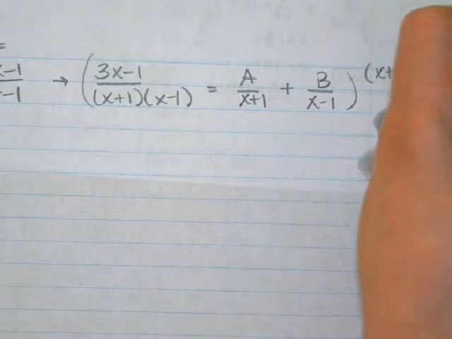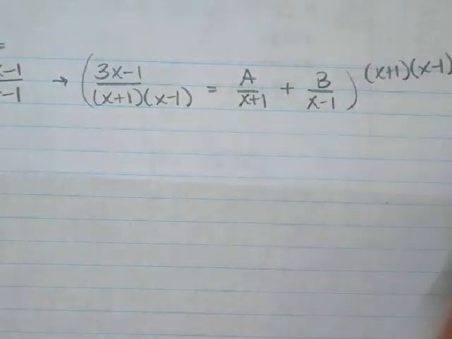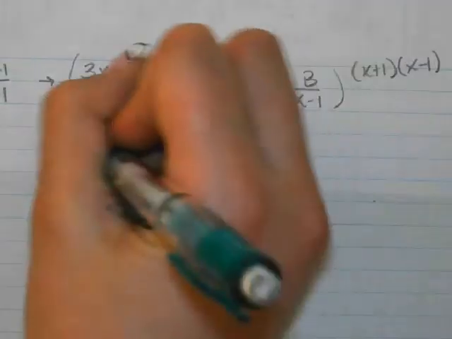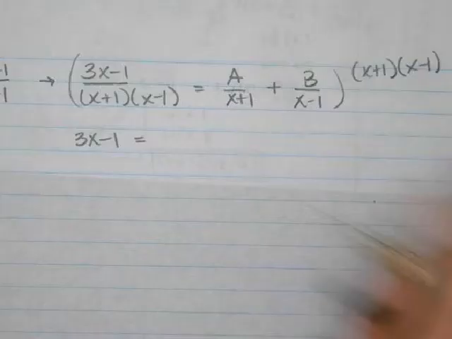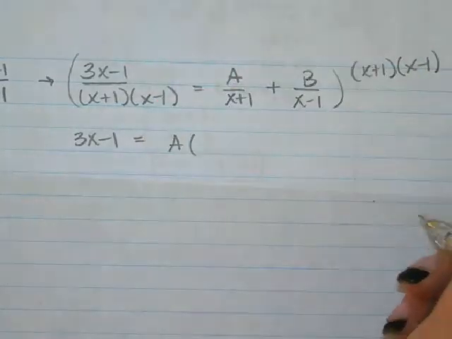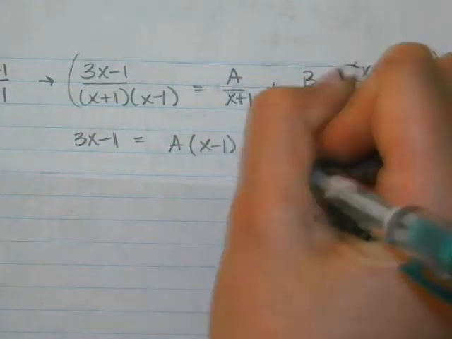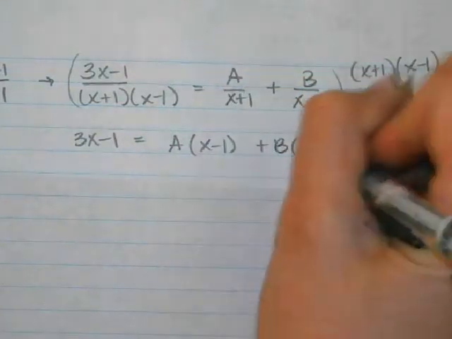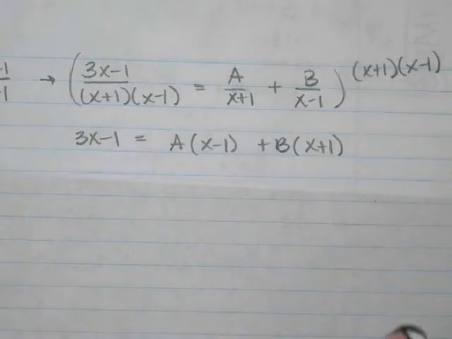Yeah, so I'm going to multiply by x plus 1 times x minus 1. A times x minus 1 plus b times x plus 1.